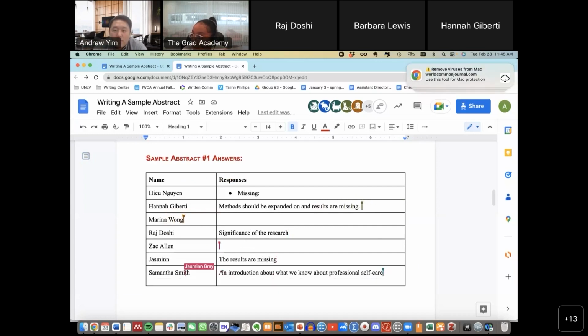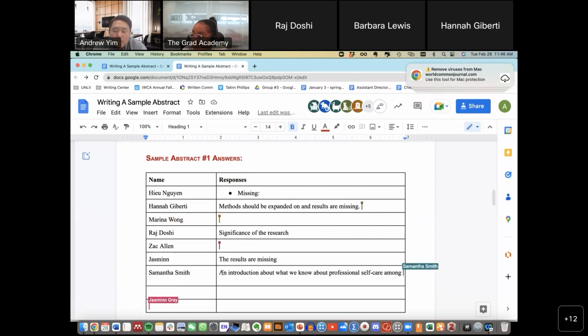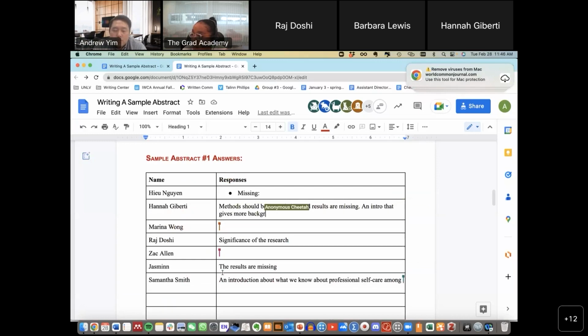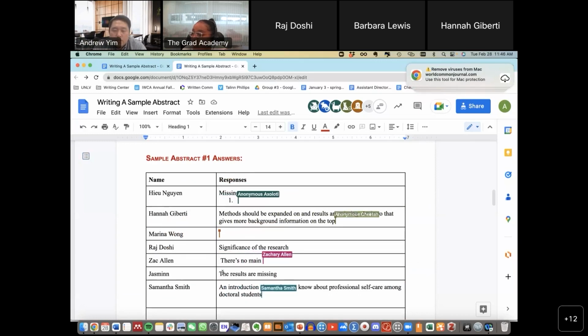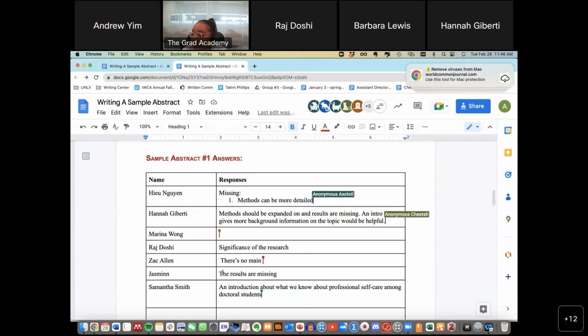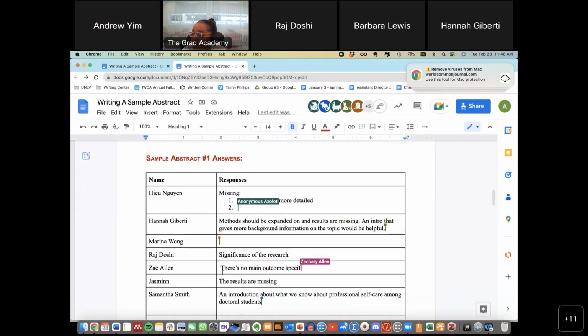Great. So my first question about the conclusion had to do with the fact that some abstracts that I've seen actually break out IMRAD with bolded introduction, methods, results, and discussion, each followed by one or two sentences.